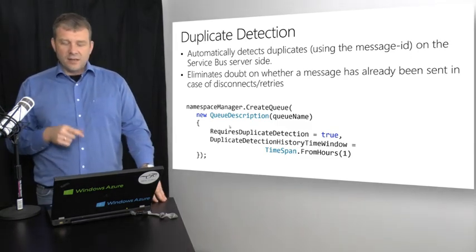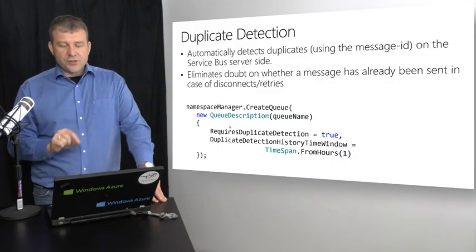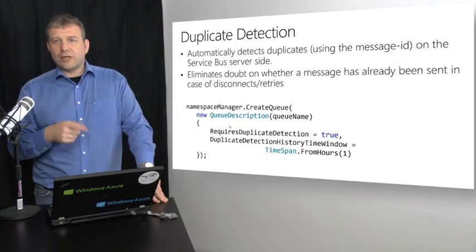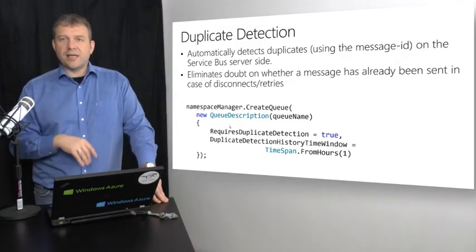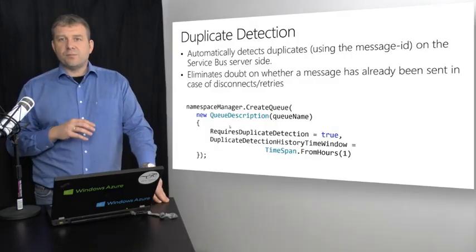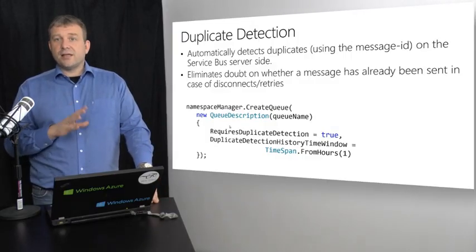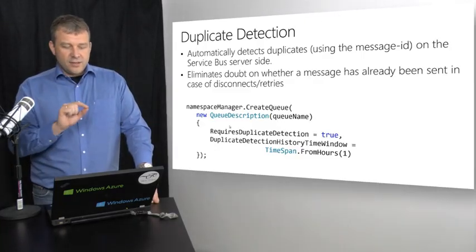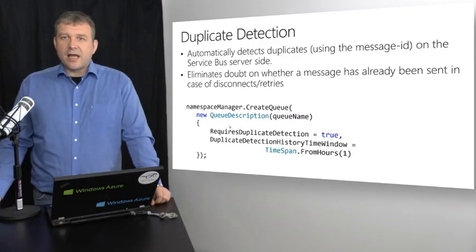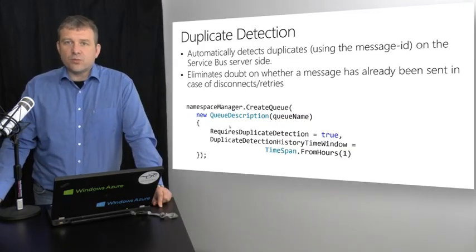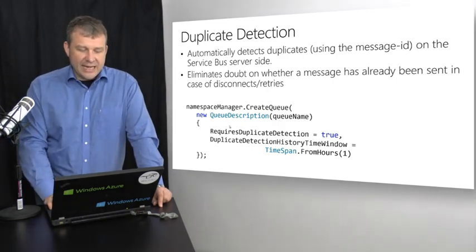If you set that, together with requires duplicate detection, if you set those two values, then we will start collecting the message IDs. And again, the message IDs can be whatever you like them to be. So they could be derived from your business process. They could be anything, as long as they're unique for the message. And then the duplicate detection will kick any subsequent message with the same message ID out if it arrives within the same time window.